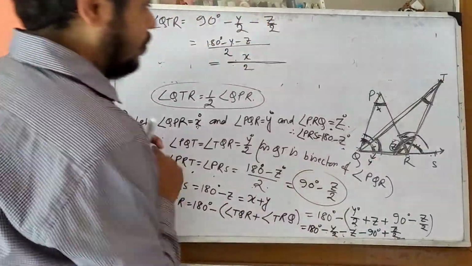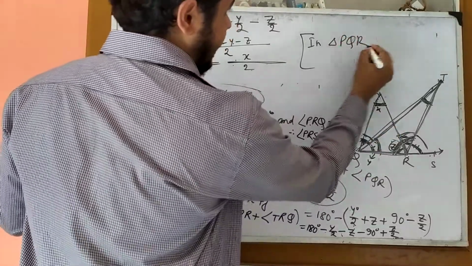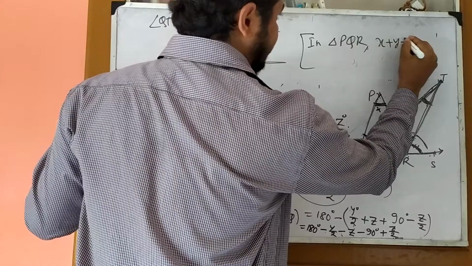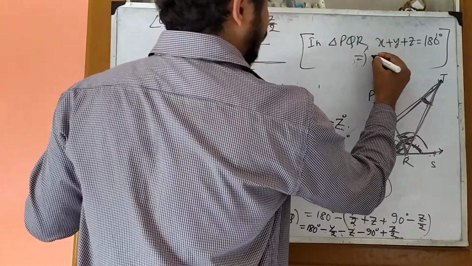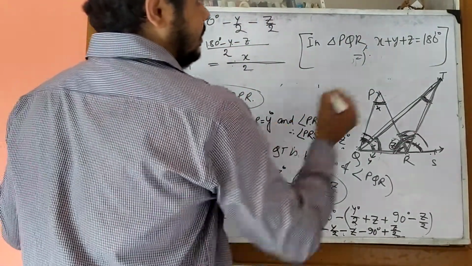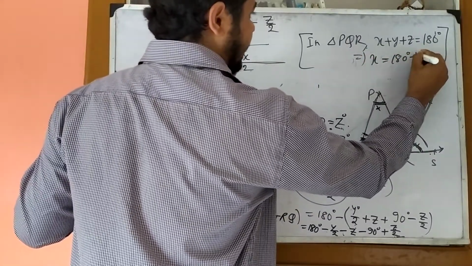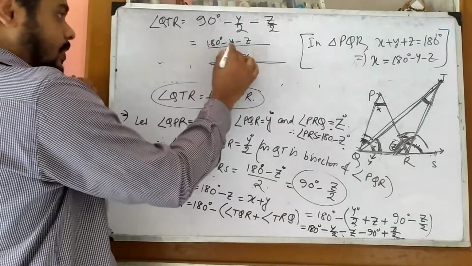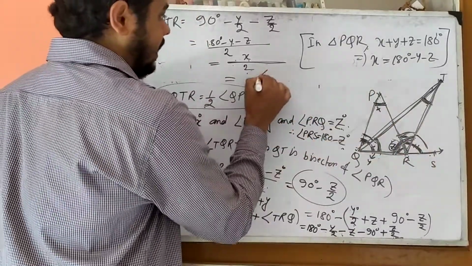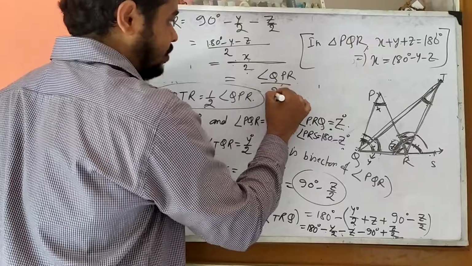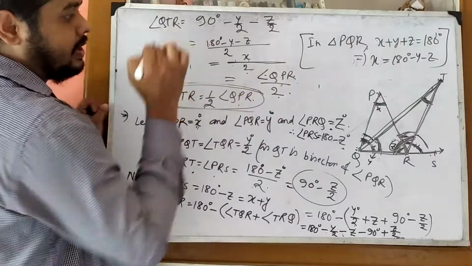Because we know in triangle PQR, x plus y plus z, the sum of all these three angles, is 180 degree. So x equals 180 minus y minus z. So in place of 180 minus y minus z, we can write x by 2, and x means our angle QPR, so QPR by 2, and that we have to prove. QTR equals half of QPR, that is QPR by 2.